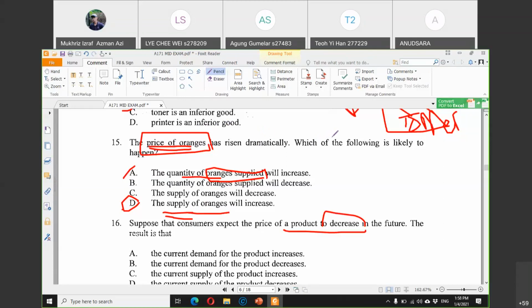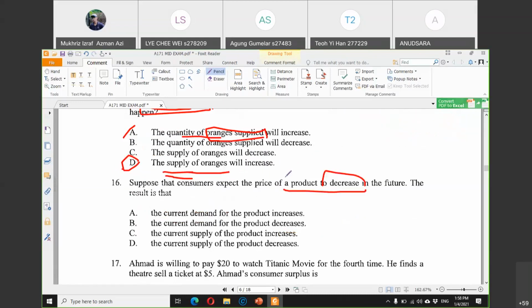When they expect it to fall in the future, what will happen now? Supply will increase today. Then D will be correct. But because you're talking about the price of orange, it will be the quantity supplied. So you need to know why A is correct and D is incorrect, not just because A is the obvious answer. D can also be correct if we change this statement slightly.